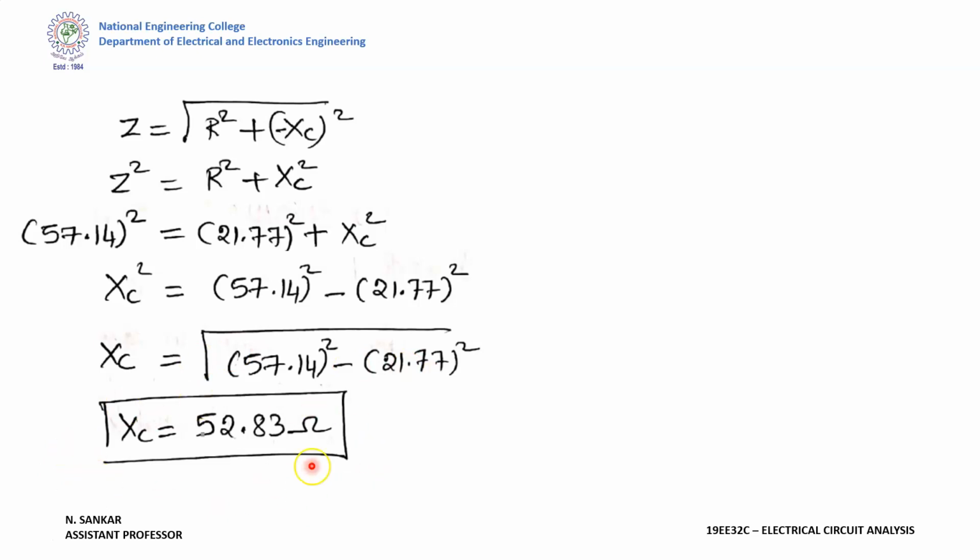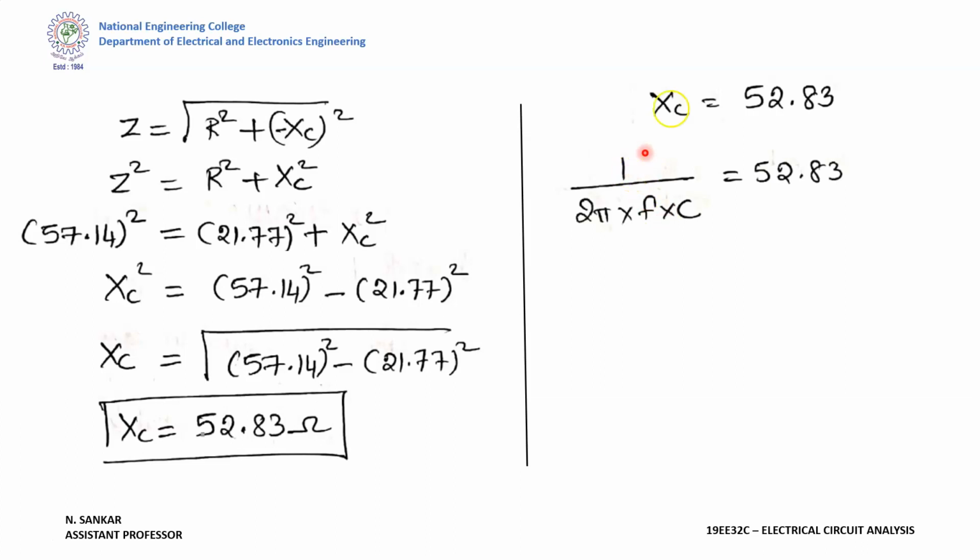We have calculated the value of XC, that is capacitive reactance, but our aim was to find the value of capacitance C. XC is nothing but 1 by omega C, where omega is equal to 2 pi f. So 1 by 2 pi f C is equal to 52.83. In the given data they have provided the frequency as 50 Hz.